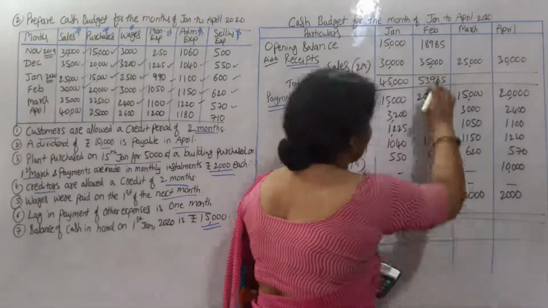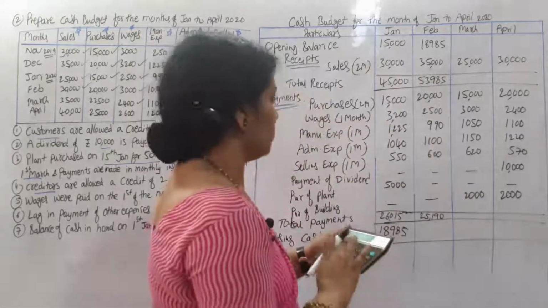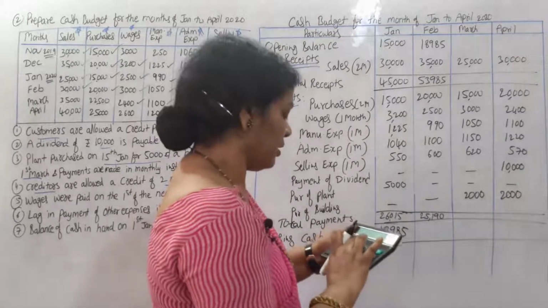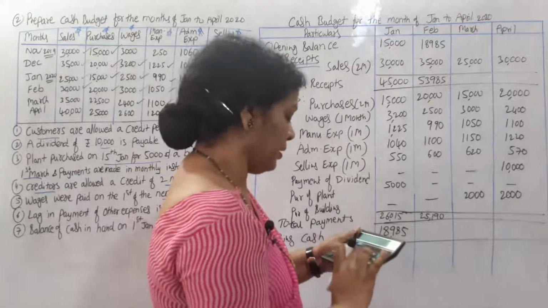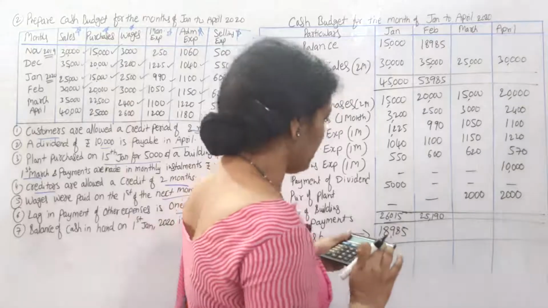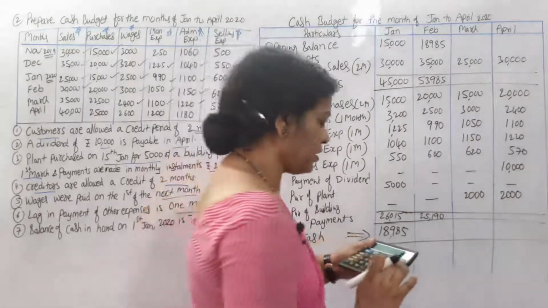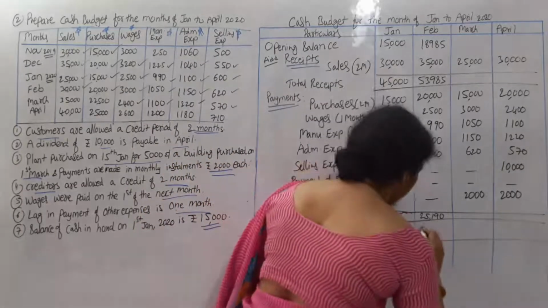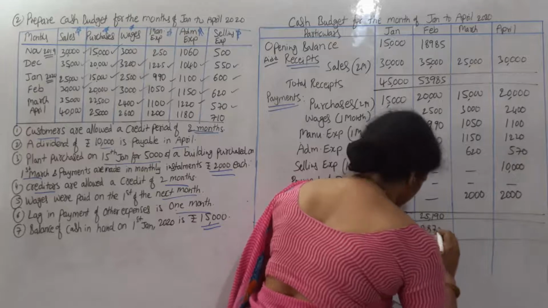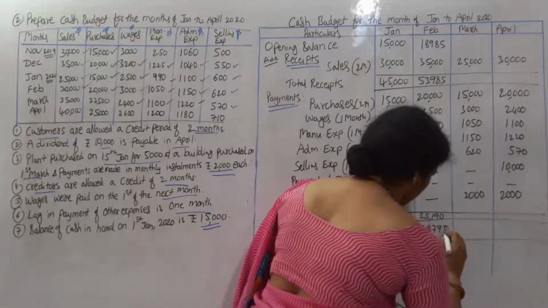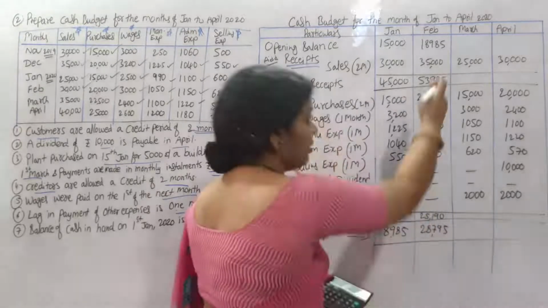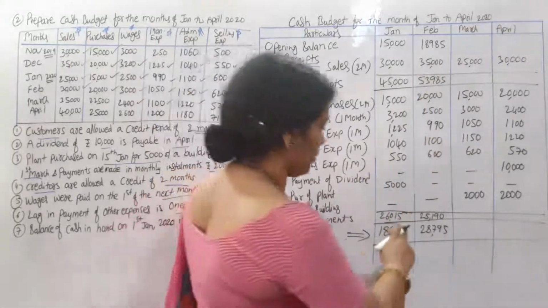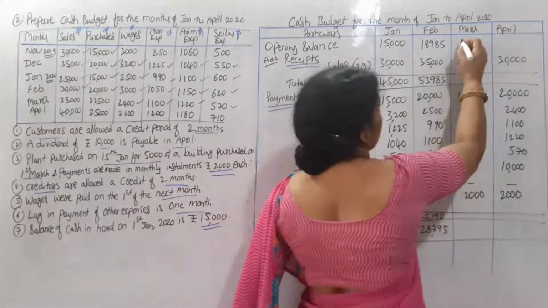So the difference between these two, 53,985 minus 25,190 comes to 28,795. So this will be the opening balance of the next month. So 28,795.